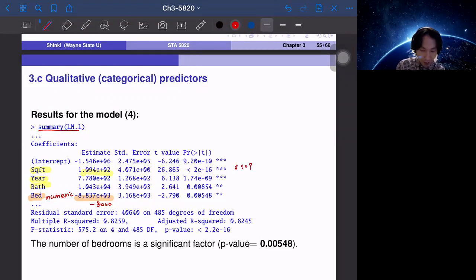Year, 1 year newer is $778 more expensive. That's reasonable. Number of bathrooms plus 10,430, so 1 more bathroom, about $10,000. It's reasonable. Number of bedrooms, negative 8,000. It's kind of counterintuitive.